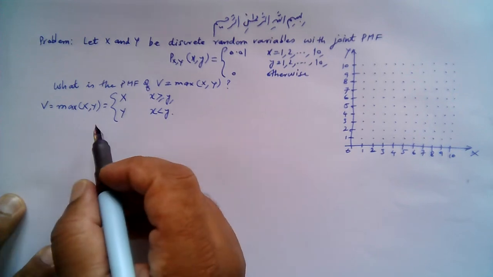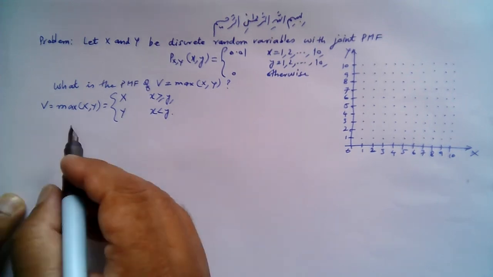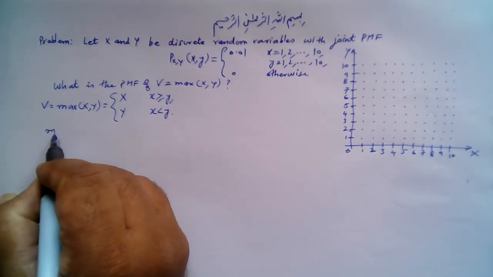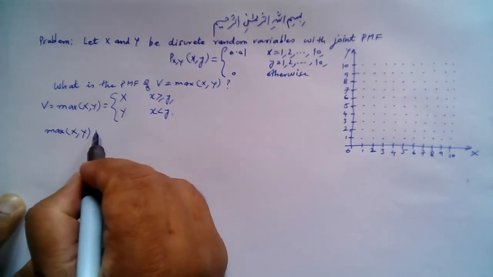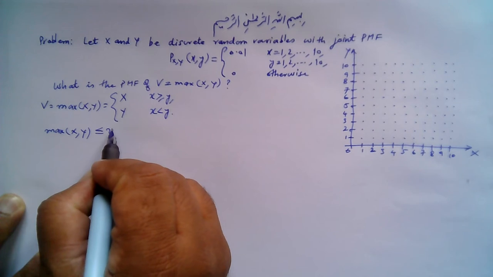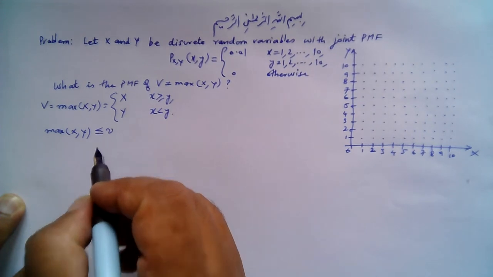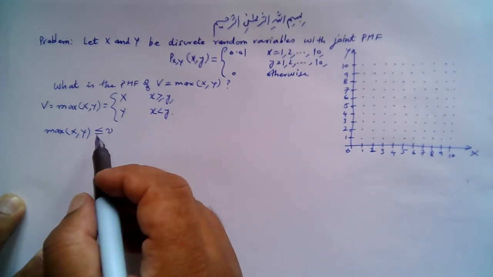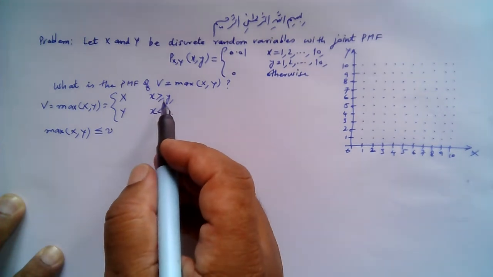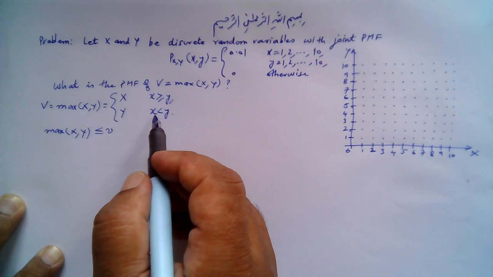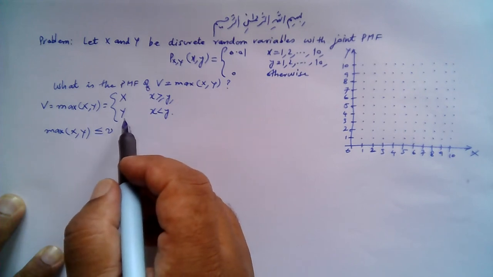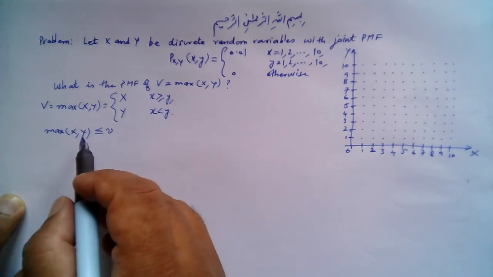Basically, let's look at this scenario, that max(x, y) is less than or equal to v, right? So it could be that x is greater than or equal to y, and then max(x, y) is equal to x, or y is greater than x, and in that case y is the maximum value.